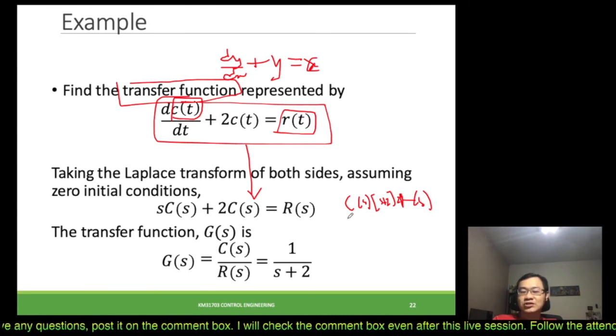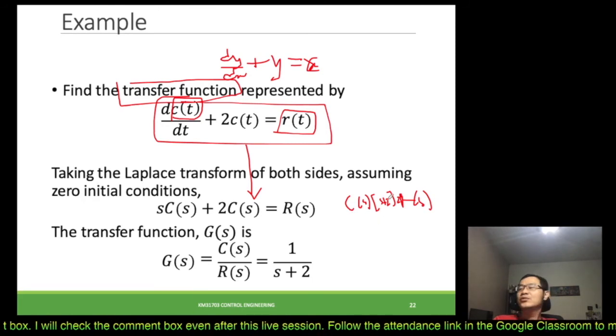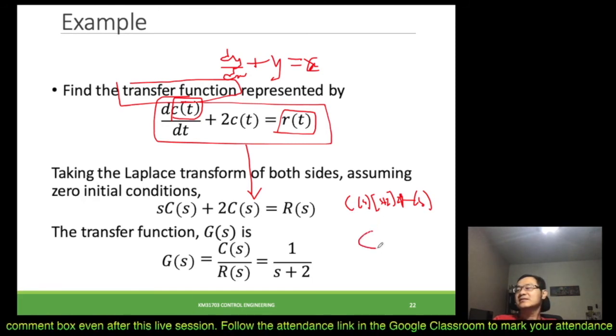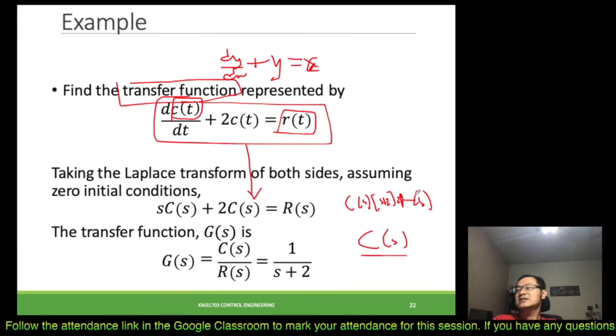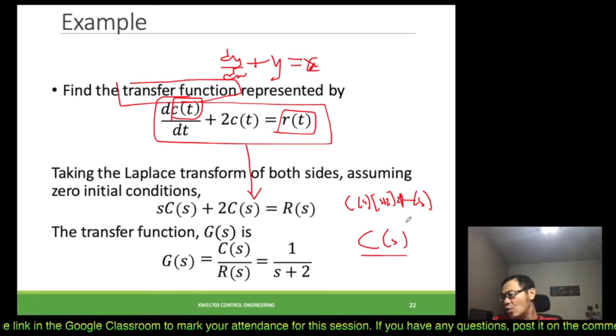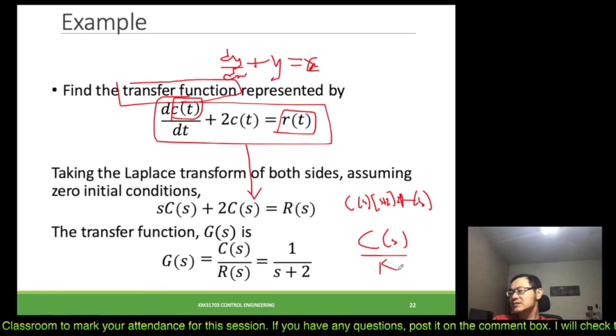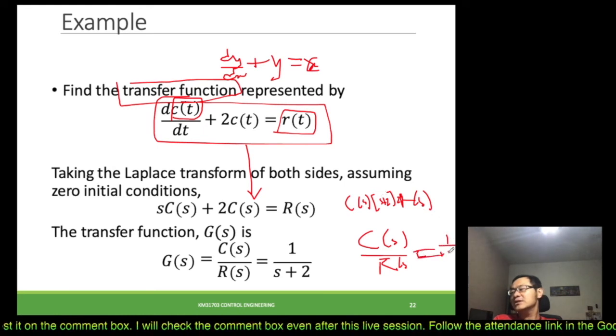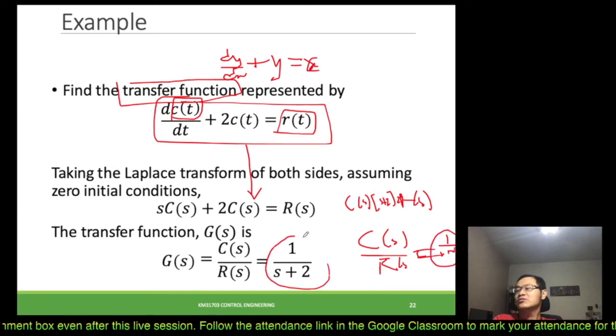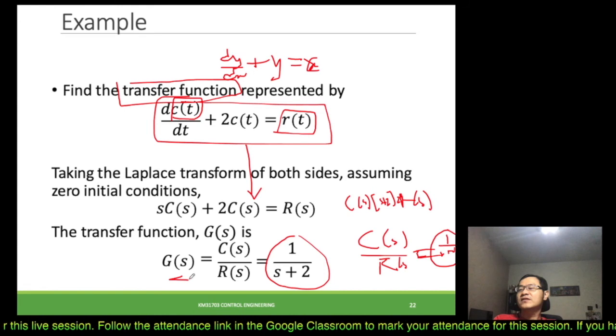Let's say our output is C, so C(s) over R(s) equals 1 over s + 2. So this 1/(s + 2) is our transfer function.